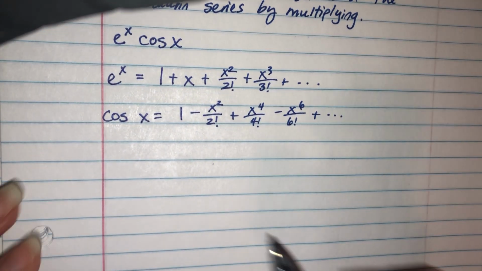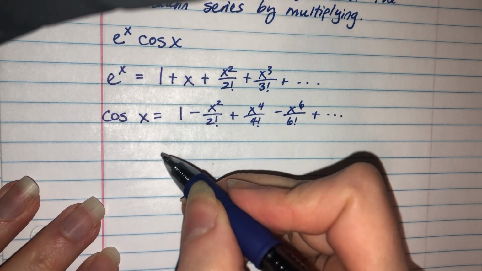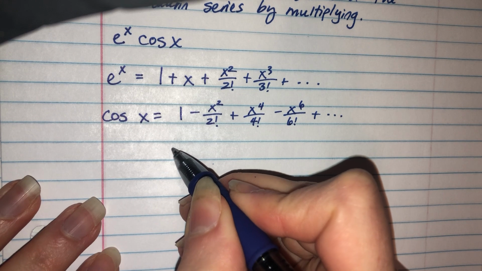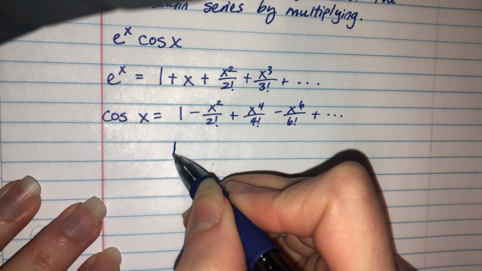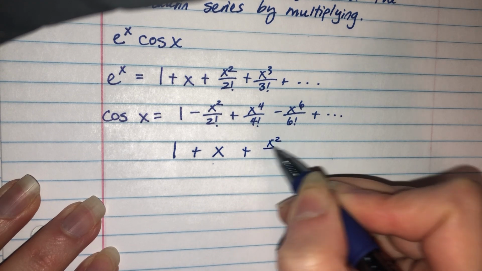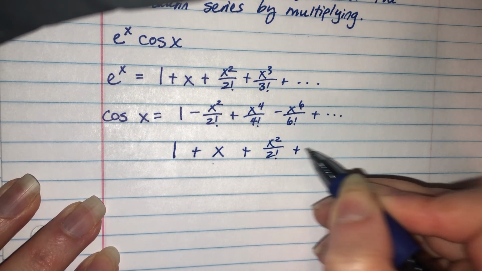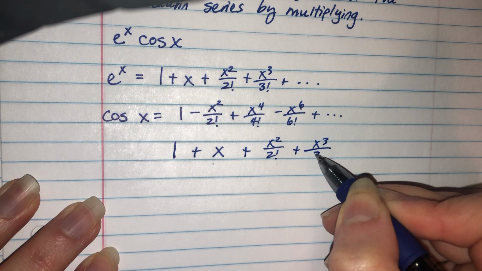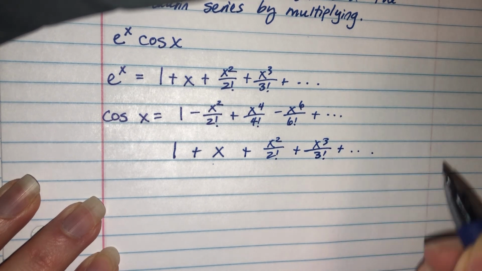Well, we're going to do old school multiplication just like you learned in elementary school. I'm going to write the first one on top: 1 plus x plus x squared over 2 factorial plus x cubed over 3 factorial plus dot dot dot.